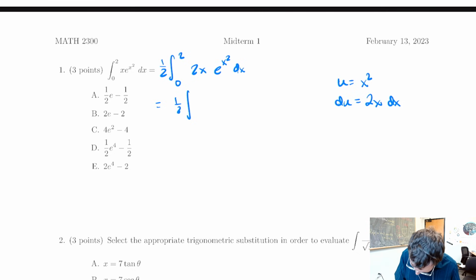So I have this e to the x squared, which is e to the u. And then I have my 2x dx, which is du.